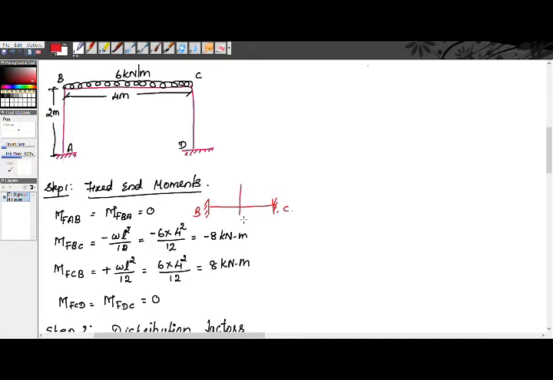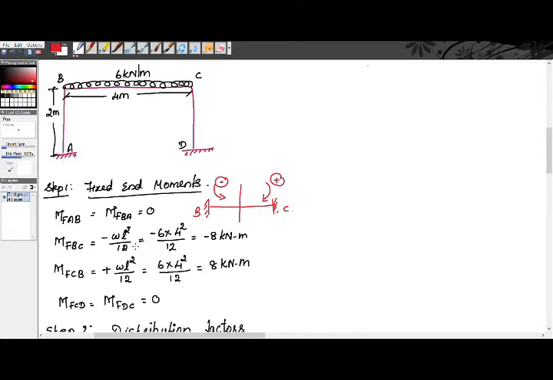So anti-clockwise. When you are taking this section, left anti-clockwise will be negative and right clockwise will be positive. That is why left is negative and right is positive. So this minus represents anti-clockwise and plus represents clockwise.